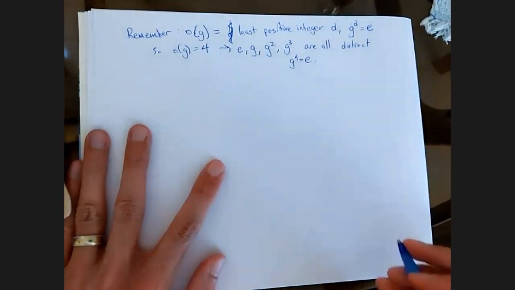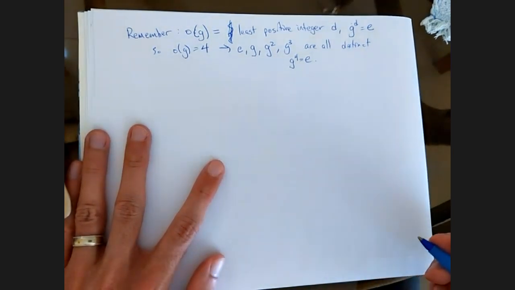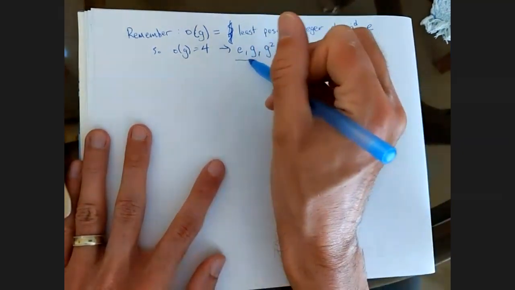You could ask, how do we know that these are all distinct?